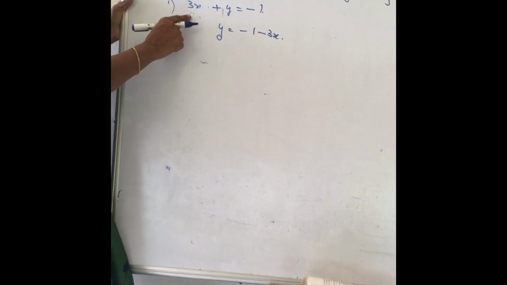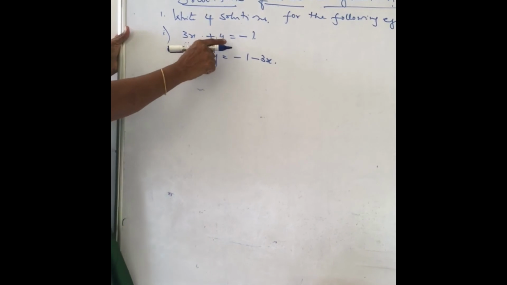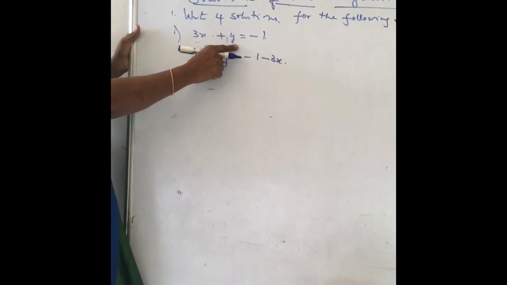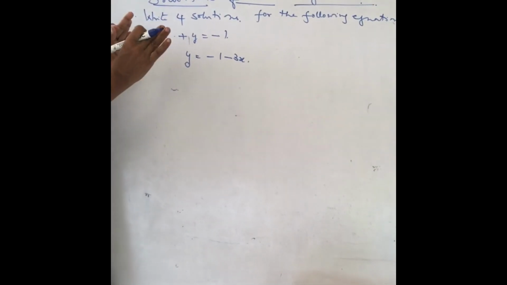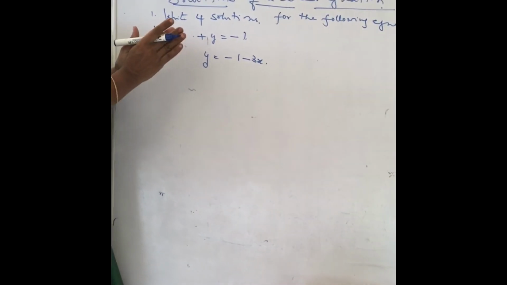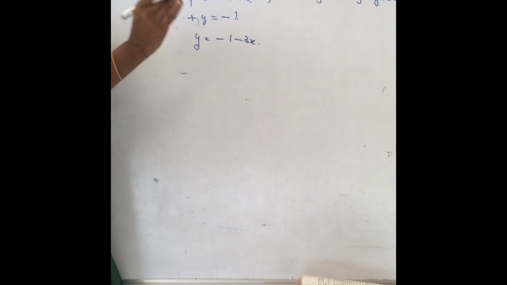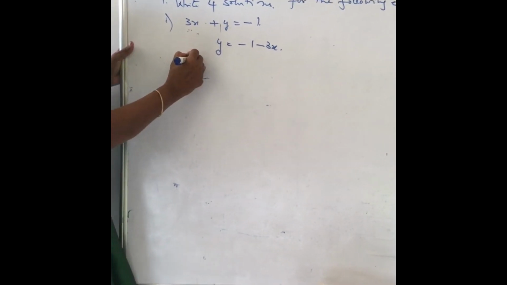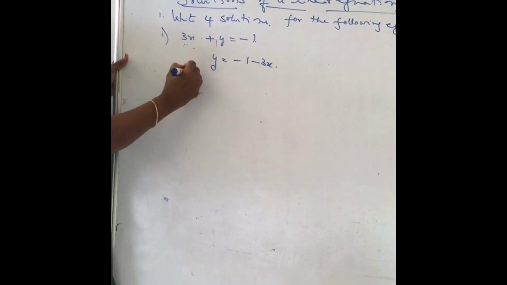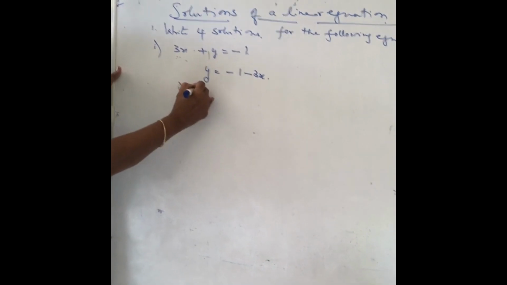Every linear equation in two variables will have infinitely many solutions. So every one of you can give the values to x according to your choice, children. The first, I am giving x is 0.